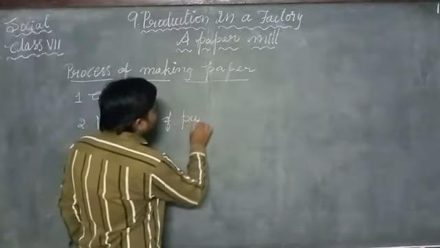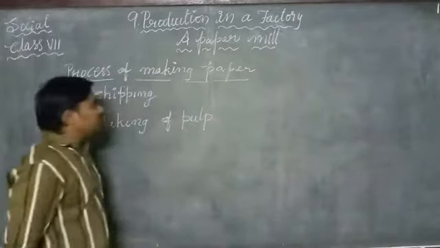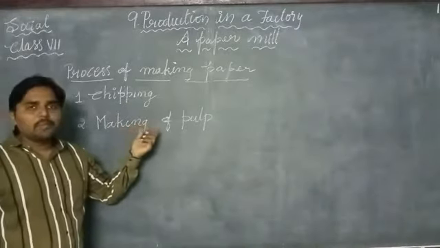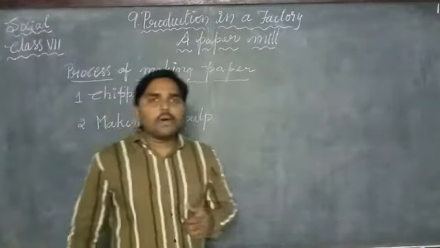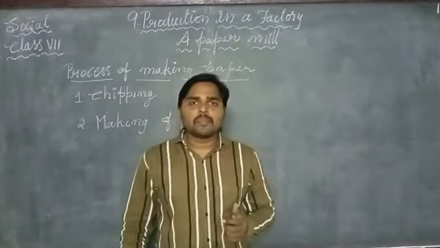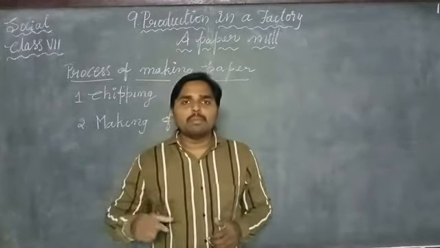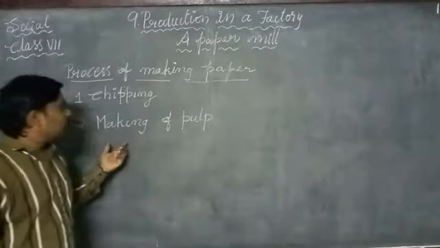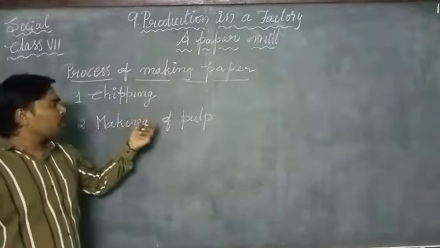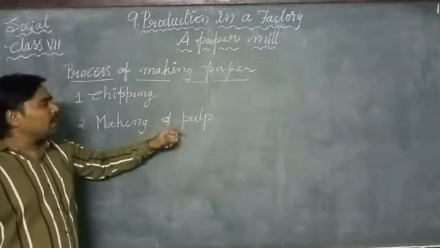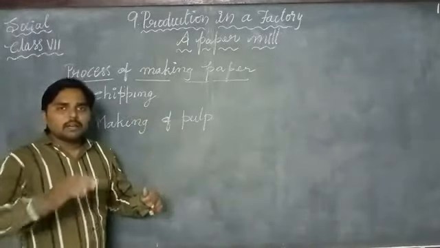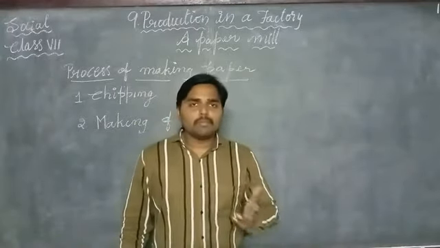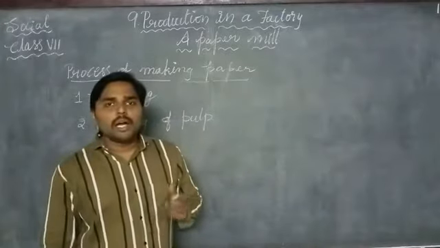Making of pulp. After the chipping process is done, the small chips would be boiled in a big boiler with chemicals. When the chips are converted into pulp, they bring the pulp from the boiler to the outside.